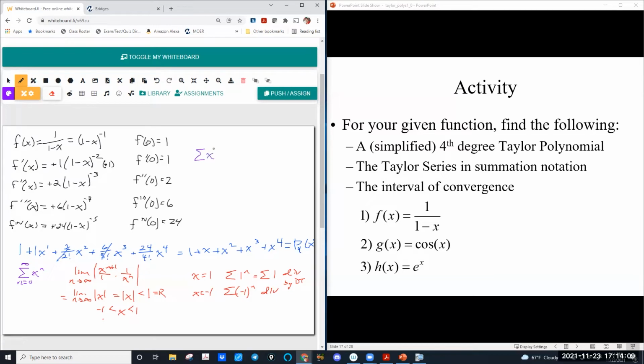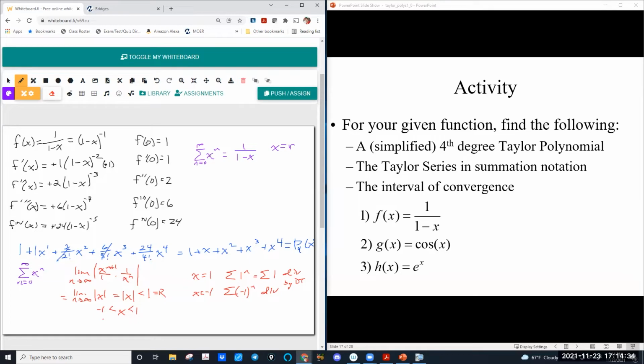The series of x to the n, n equals 0 to infinity, is equal to 1 over 1 minus x. Well, we've encountered this before when x was our common ratio.